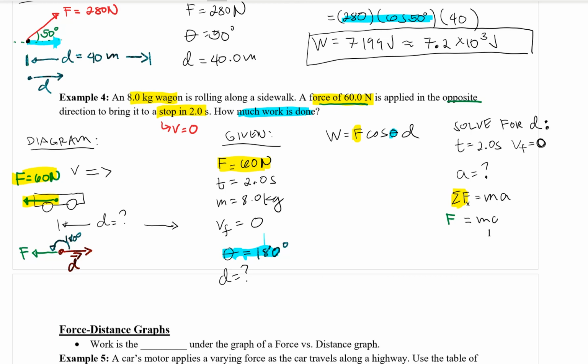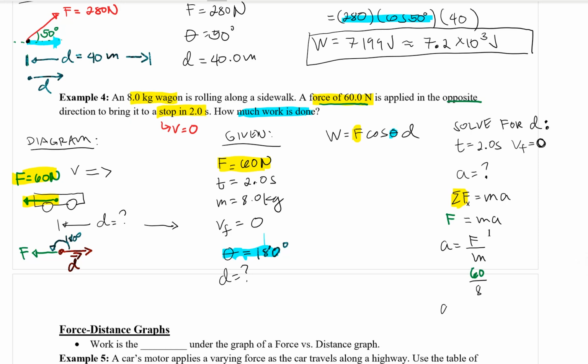So ma, or a, is equal to F over m. F is given as 60 newtons, divided by the mass of 8 kilograms.